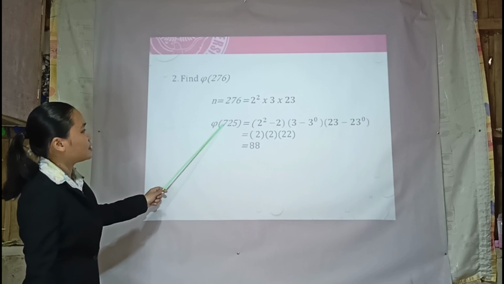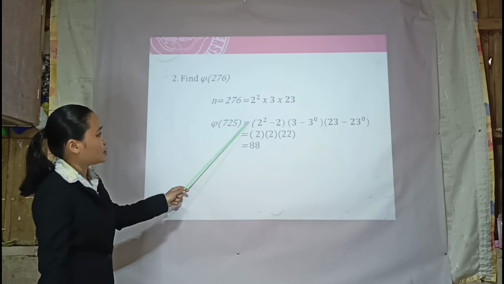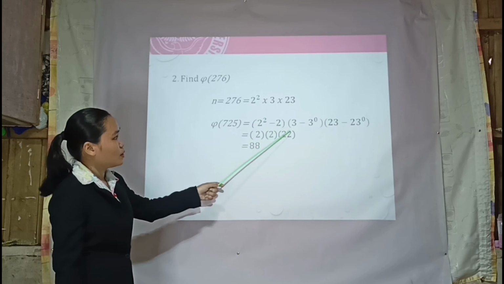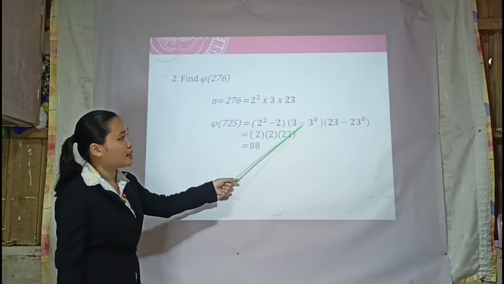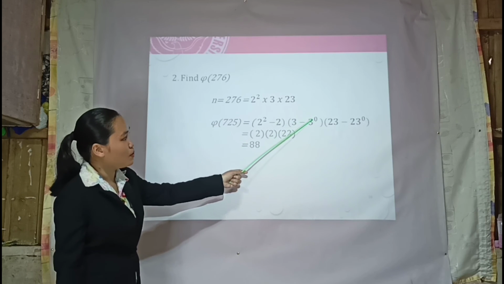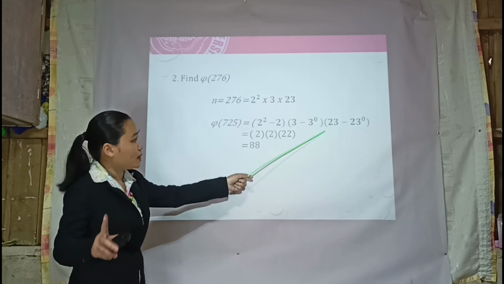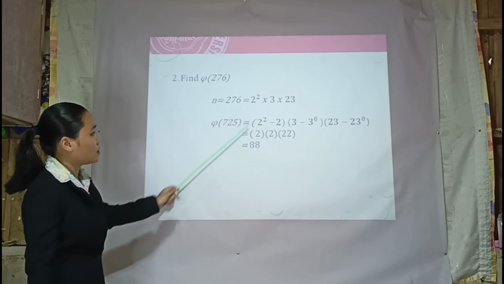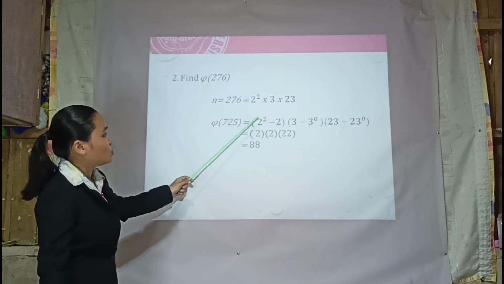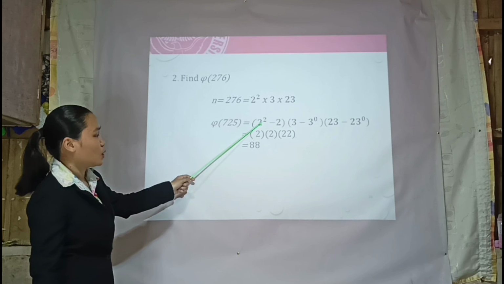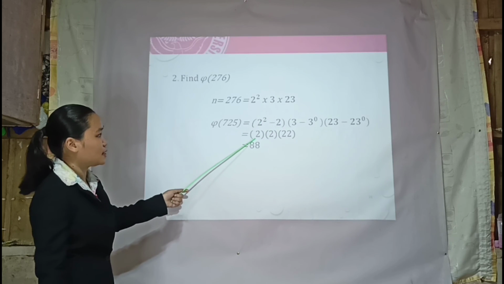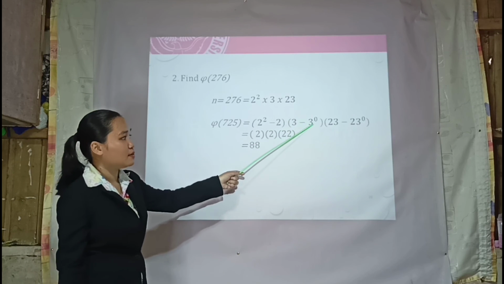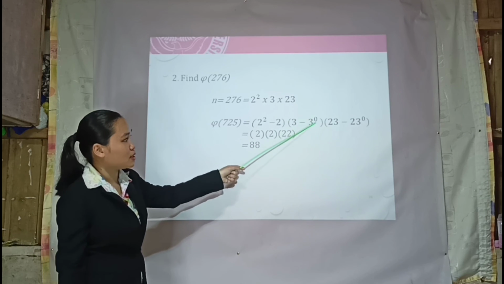So, the phi of 276 is equal to 2 squared minus 2, times 3 minus 3 raised to 0, times 23 minus 23 raised to 0. So, if we evaluate this, we have 2 times 2 equals 4, minus 2. The answer is 2. And 3 minus 3 raised to 0. So, the answer here is 1.